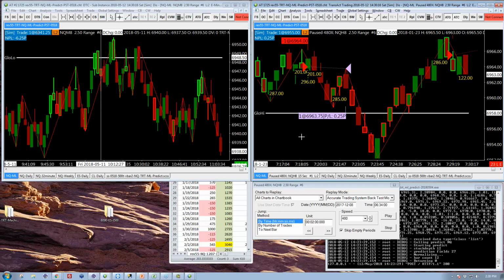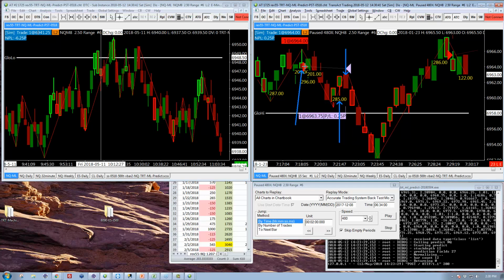So what V-bar 2 does is, if this signal is a short signal and it's a down bar, then it just places the order. If it's not, then it looks for the next 2 bars for a down bar. In this case, that would be right here. Here's an example right here where it's 201.